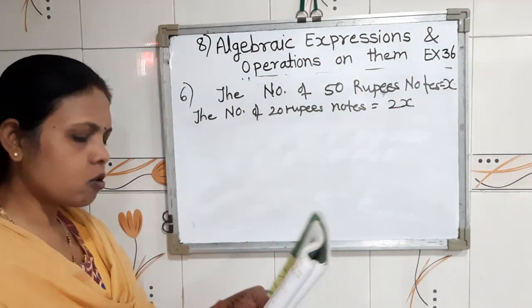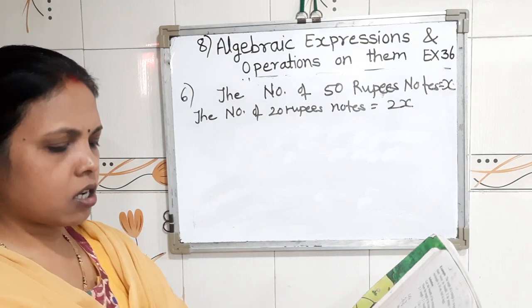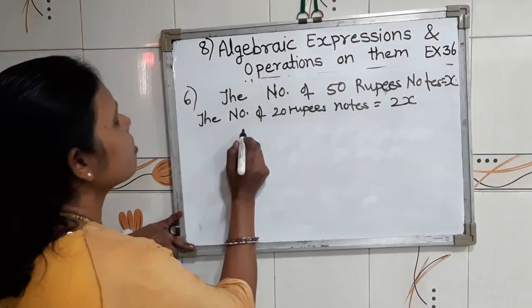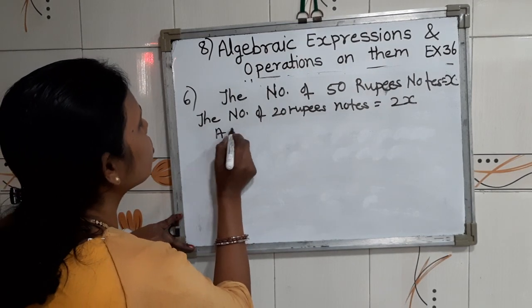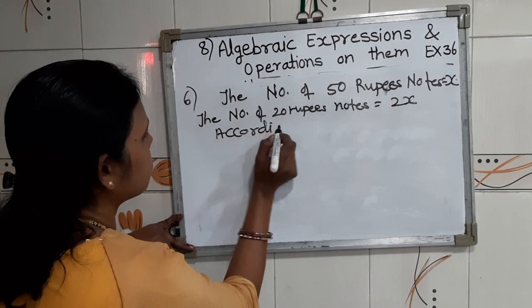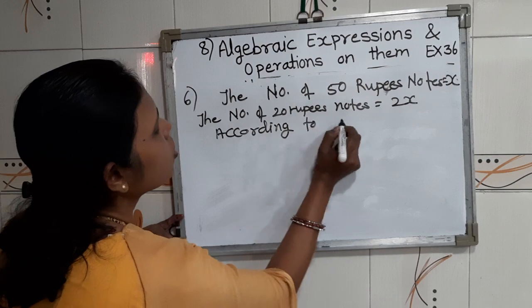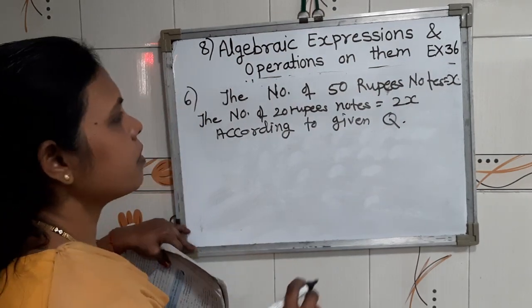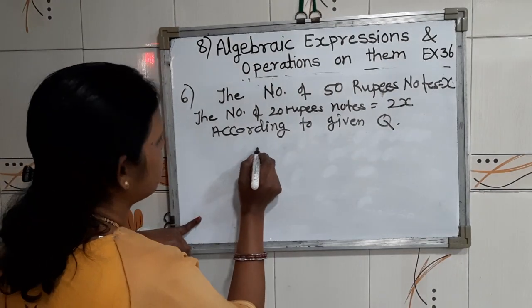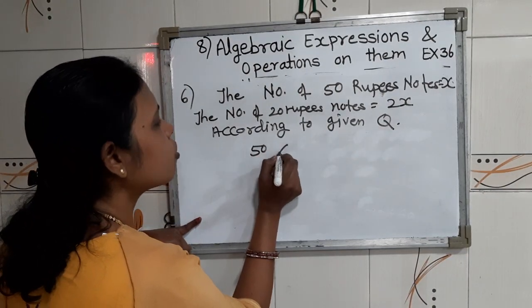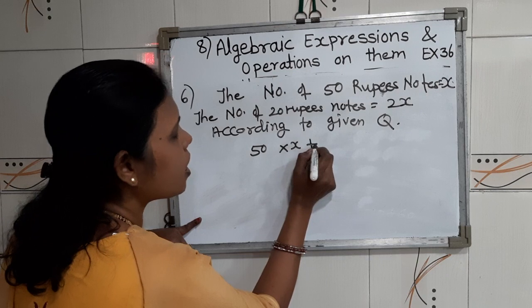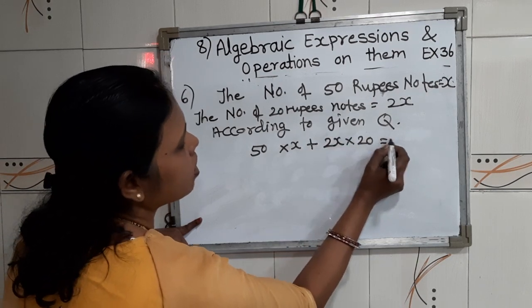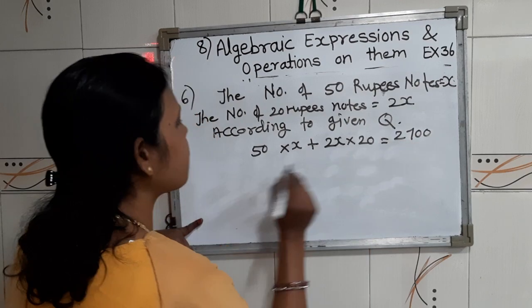Therefore, according to our given question, all together is 2700. So we will write 50 into x plus 2x into 20 equal to 2700.